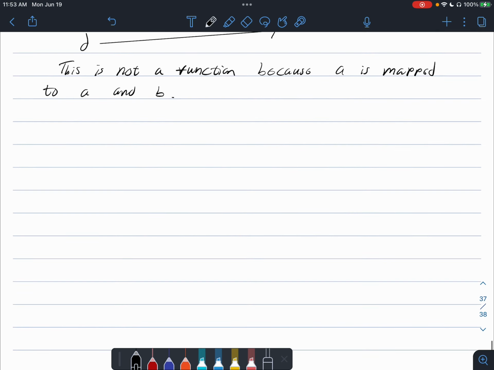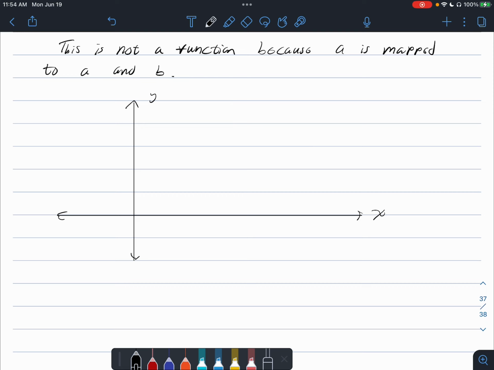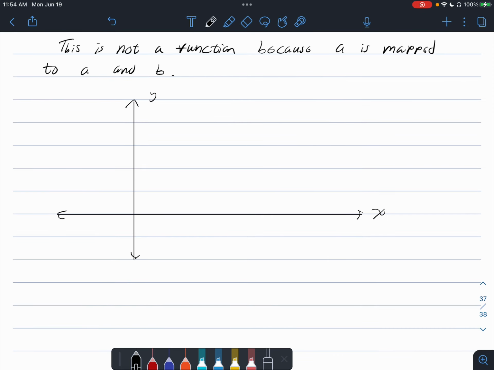Now, most of the time when we're talking about functions, we're dealing with graphs, at least in this class. So let's draw a few different kinds of graphs. We have a cool little test we can use called the vertical line test. Here we have some function which is sending values on our x-axis to values on our y-axis, and let's say it looks a little something like this.